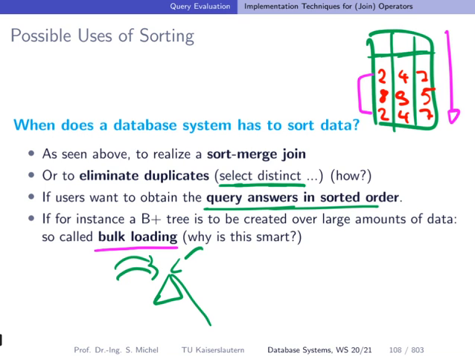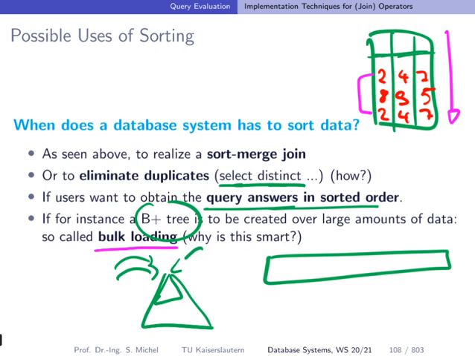The tree will grow. At some point, these tuples will be inside the tree or indexed by the tree. But it's much more efficient if you sort the data up front, if you have a lot of data. And then there are bulk loading techniques for B+ trees and other index structures, which take the sorted input and then construct the tree much more efficiently.